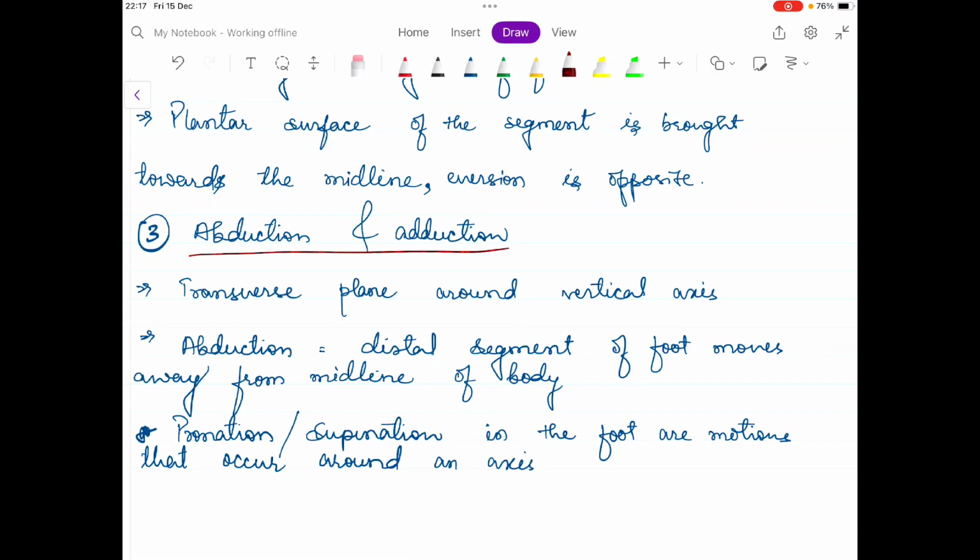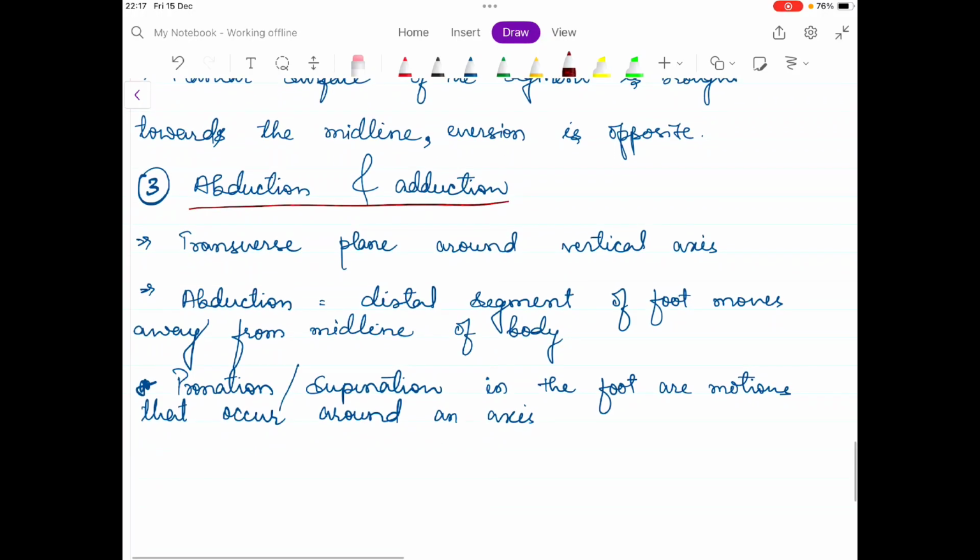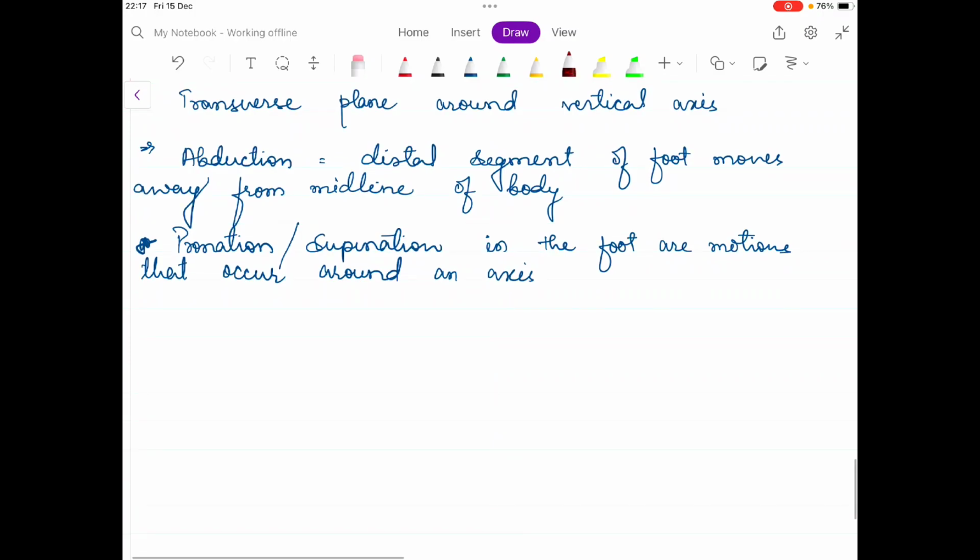We will talk about it in detail, but there is a fourth movement, which is pronation and supination, a very important movement. This is basically a combination of more than 2 movements. So we will talk about it too.